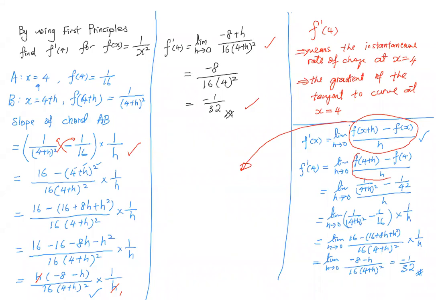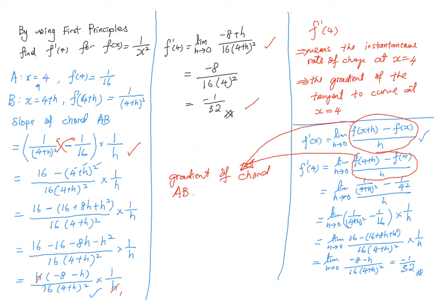The gradient of the chord. Yes, you see? This is the gradient of our chord AB. So I ask you, by using the formula and also by using my method, are they the same thing? They are the same thing. It's just that you write it in a different way.